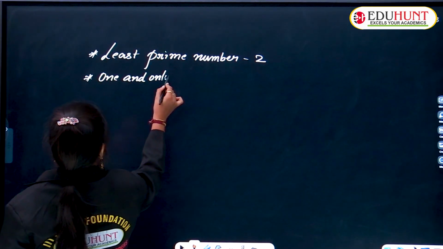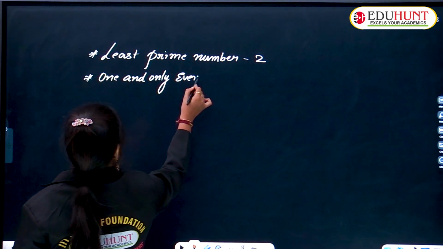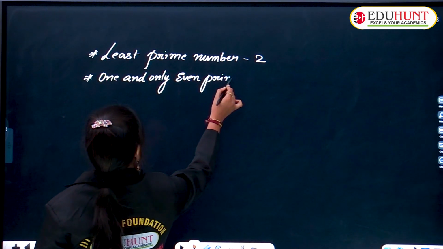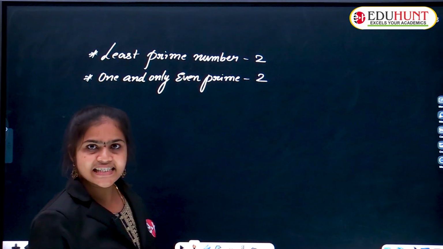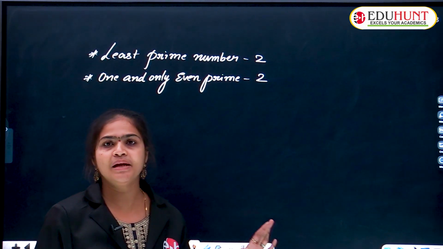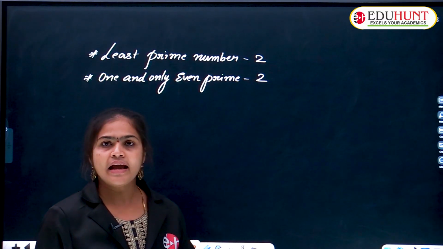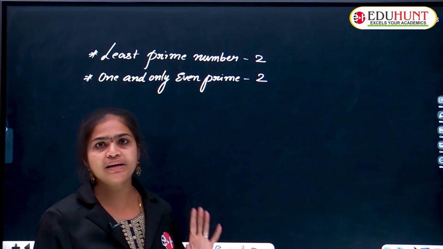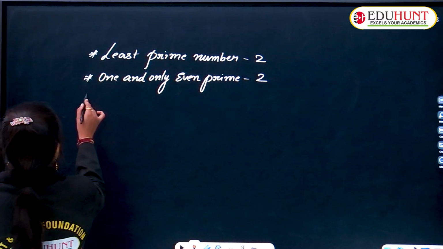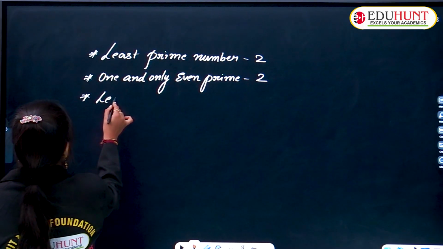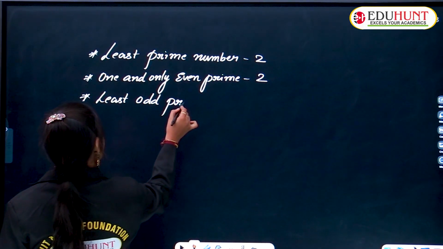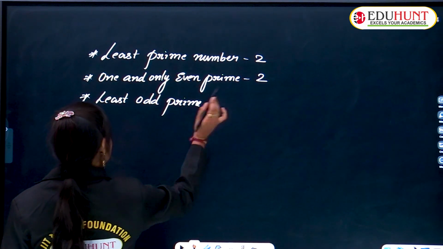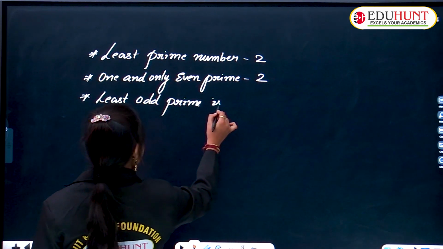The remaining prime numbers are all odd primes. Except 2, all the left over prime numbers are odd numbers only. 2 is the only even prime number. In the same way, least even prime is also 2 only. Least odd prime is 3.